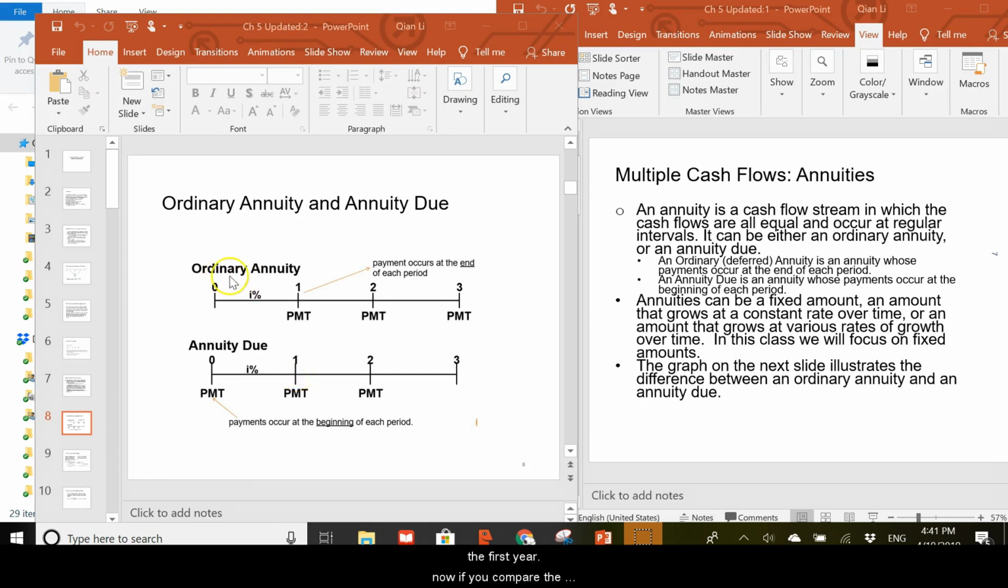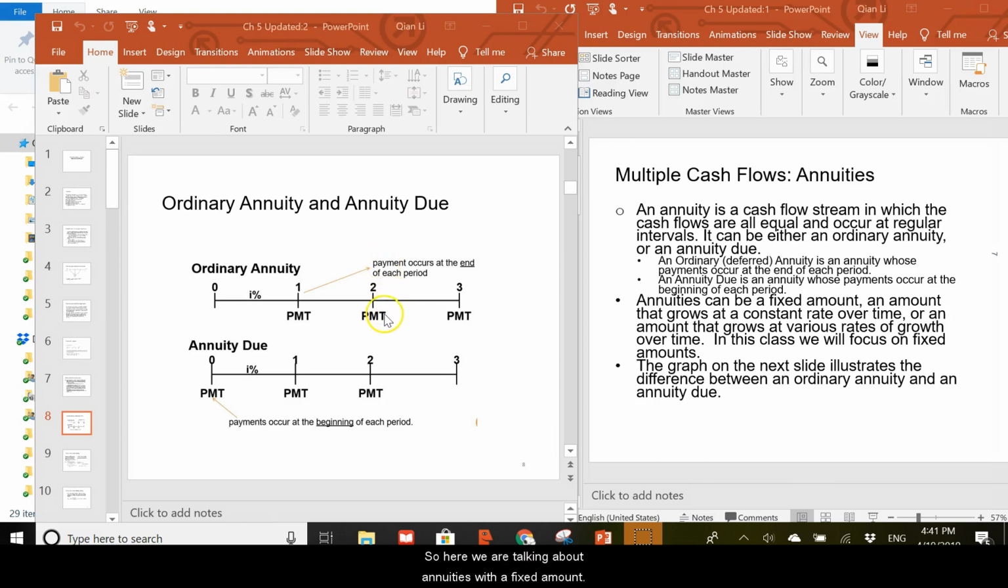Now, if you compare the ordinary annuity and the annuity due, if they have the same payment amounts, annuity due always gets the payments one period earlier than the ordinary annuity. So keep this in mind when later we talk about the difference of the values between the matching ordinary annuity and the annuity due.